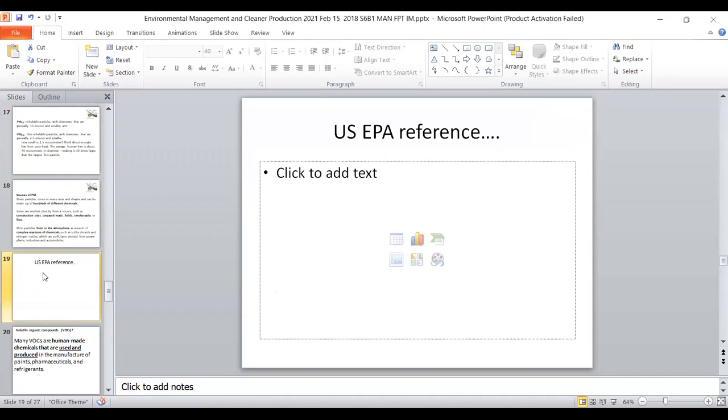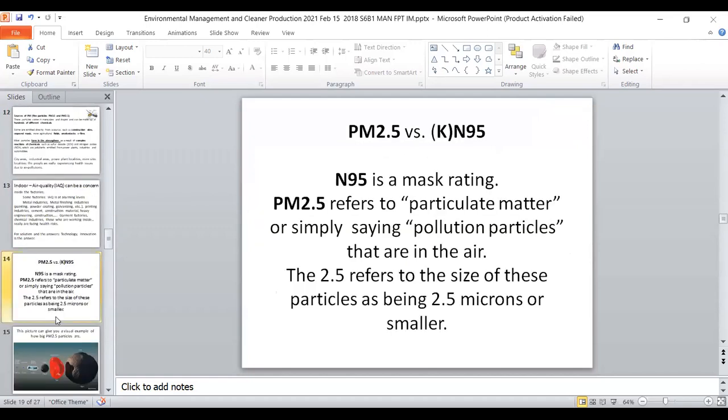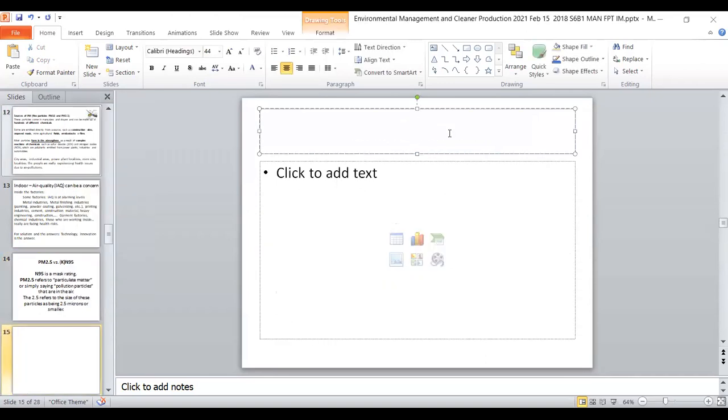Okay, masks. What is the mask doing? The purpose of a mask: a mask is a filter. What filter? An air filter. Okay, it's an air filter.